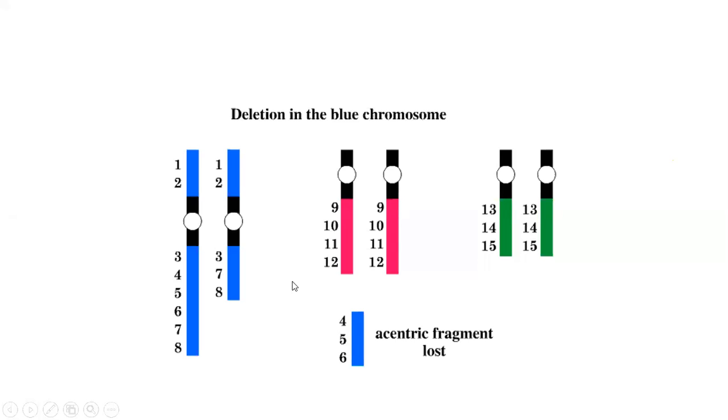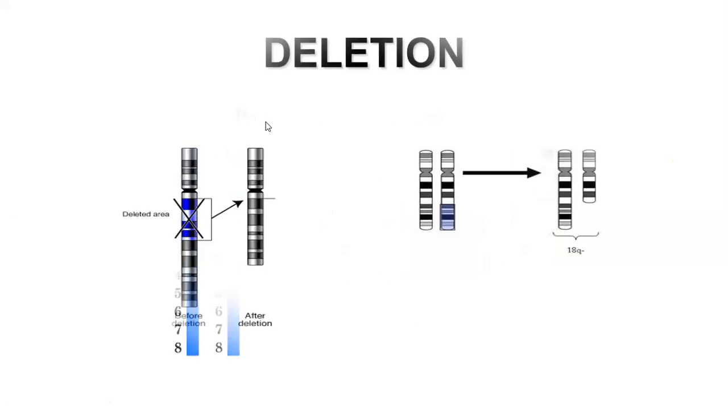This phenomenon is called deletion. This is another slide showing deletion. This is the original chromosome and the part in blue color is broken and lost. This phenomenon is called deletion.